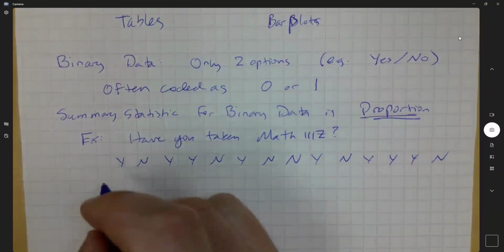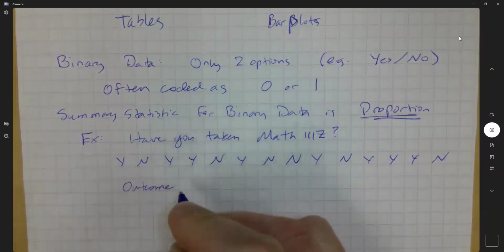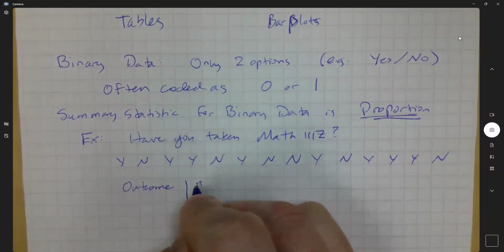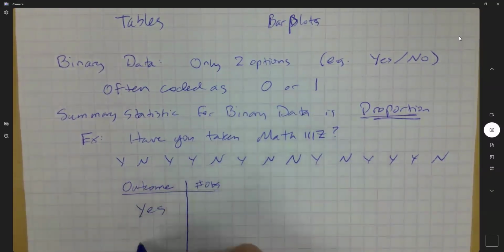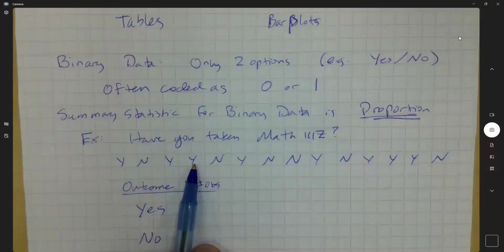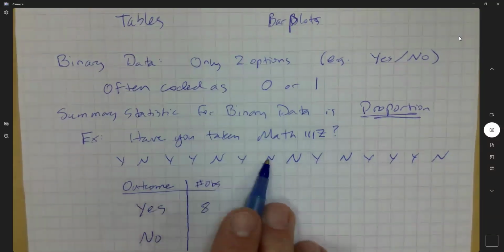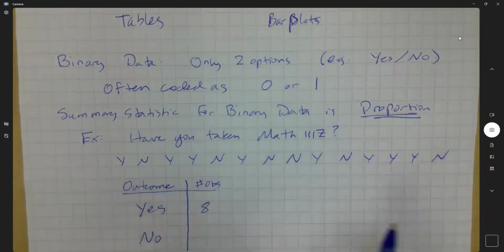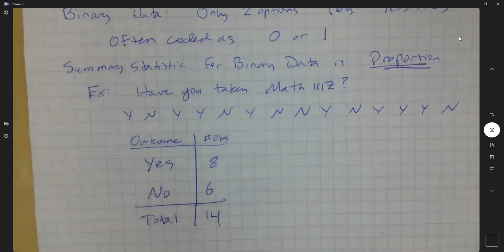So I can make a frequency table. We'll put the outcome here and the number of observations there. Your answer could be yes. Your answer could be no. 1, 2, 3, 4, 8. There's 8 yeses. 6 no's. And the total is 14.